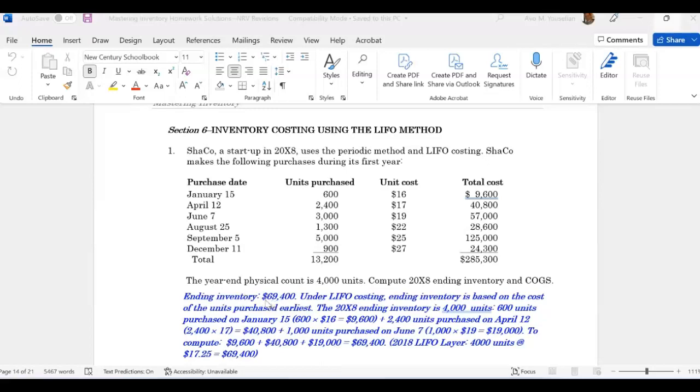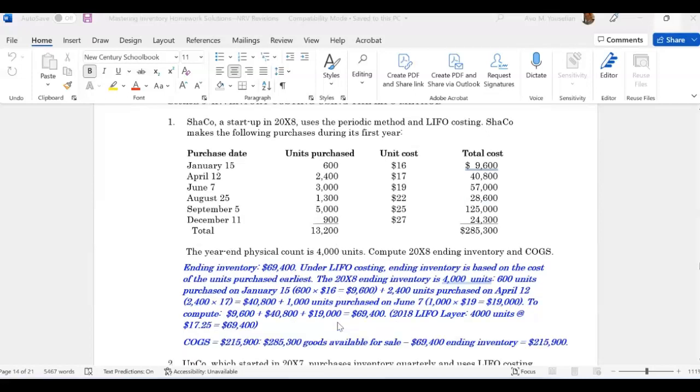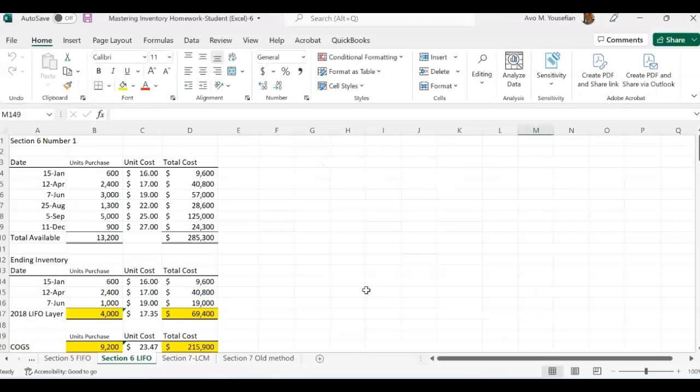Looks like ending inventory is 69,400. And I have also another solution based on the Excel. So just let's remember the ending inventory is 69,400 showing here, and the cost of goods sold is 215,900.